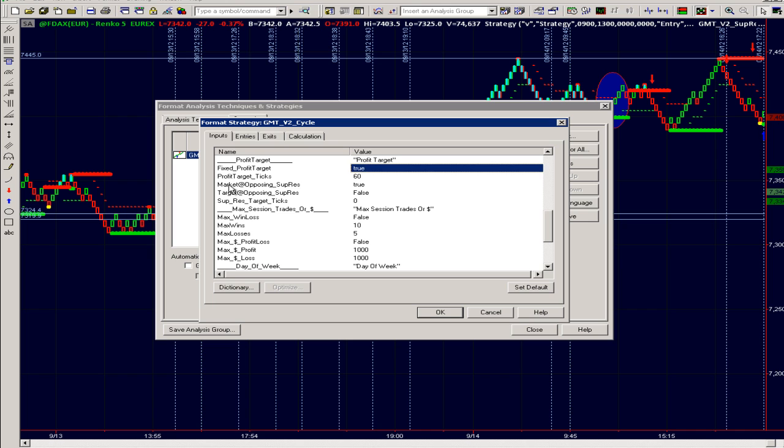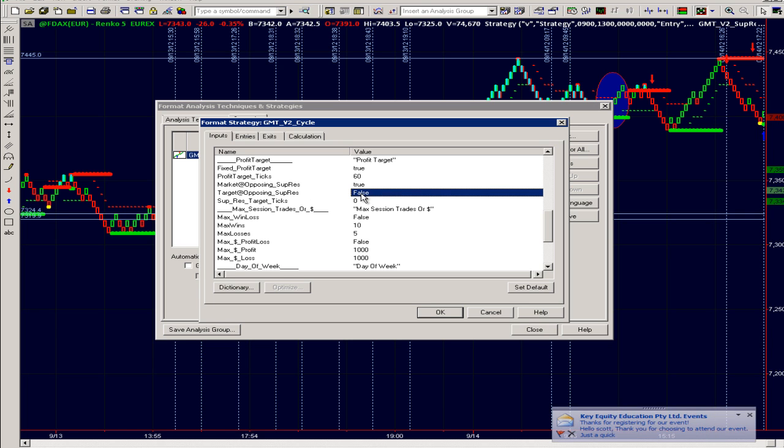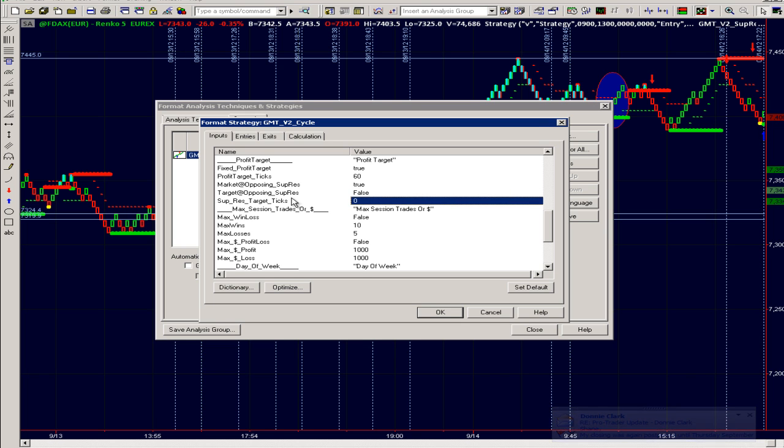Or you can mark it out on the opposing setup, the opposing support or resistance, or you can have an offset of that setup. So if I'm targeting out on the opposing support resistance, then I'm basically going to take profit either above the support, below the support, or on the support. So you've got an option there, and this is where you dictate what the value of that is.